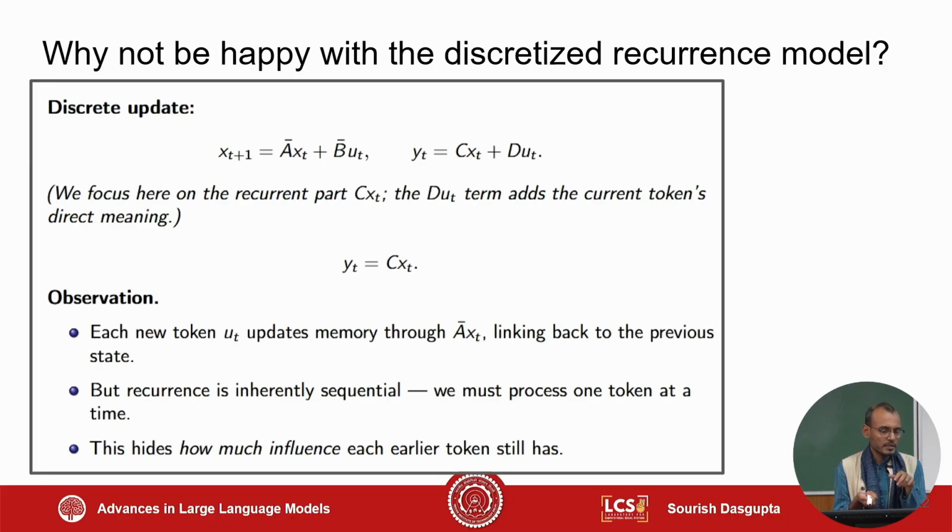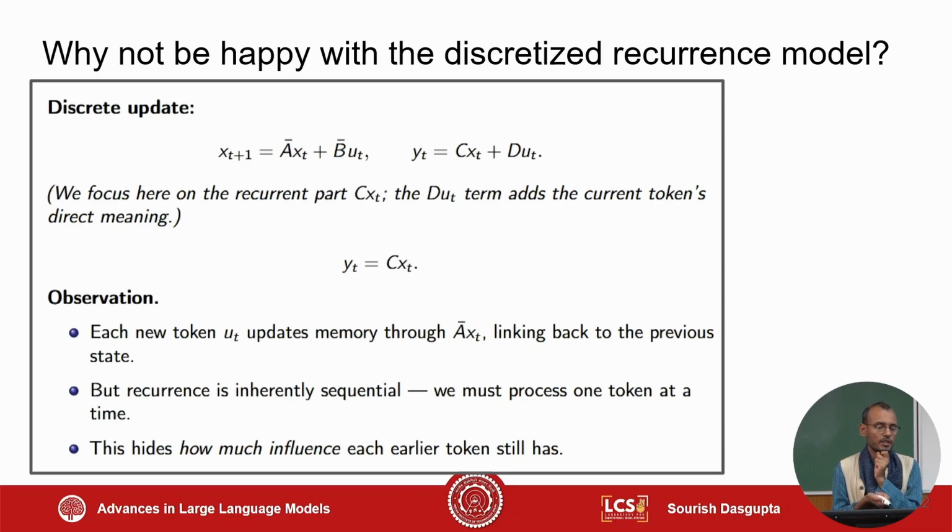But this recurrence is inherently sequential, which means you can't update x t if you do not update x t minus 1, and you can't update x t minus 1 if you do not update x t minus 2. One has to follow the other, so it's sequential. We must process one token at a time.